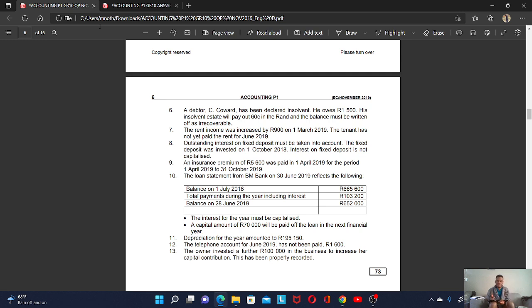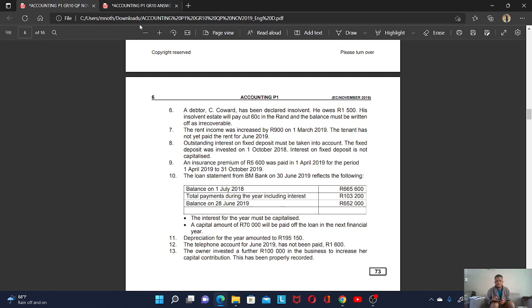Our year end is dated June, so it's April, May, June, 3 months. This means that only 3 months of the insurance belong to this year, and the other 4 months are prepaid. So we need to calculate this prepaid expense.